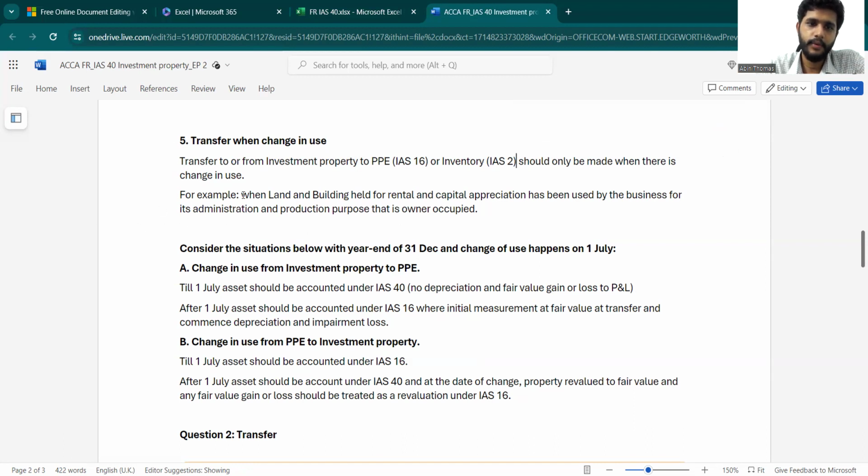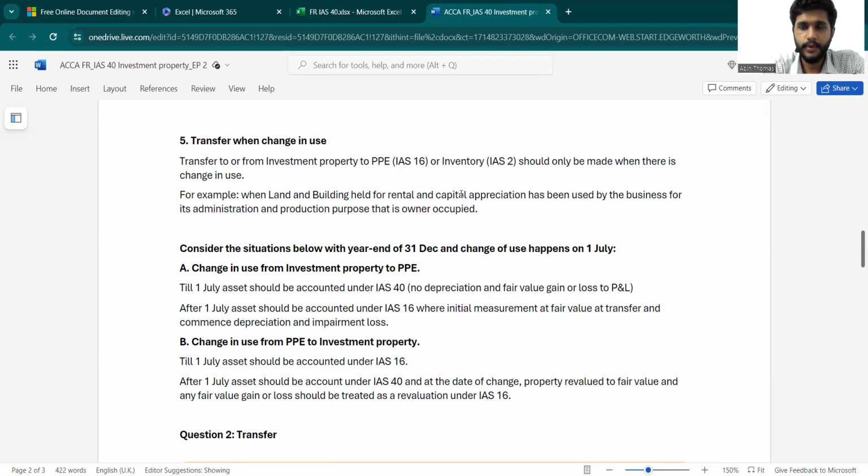See the example below. When the land and building held for rental and capital appreciation has been used by the business for administrative purpose or production purpose, that is owner occupied. This is the transfer. The land held by the organization for rental or capital appreciation has been changed to administrative or production purpose.